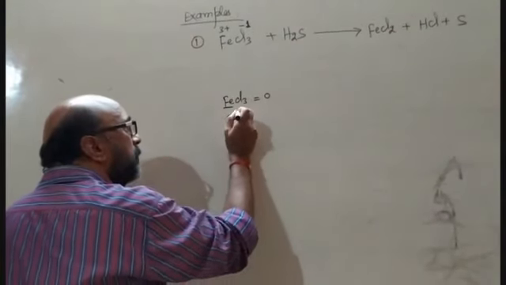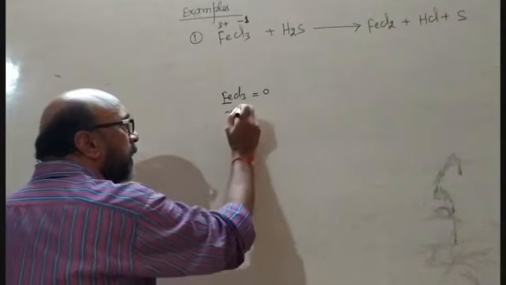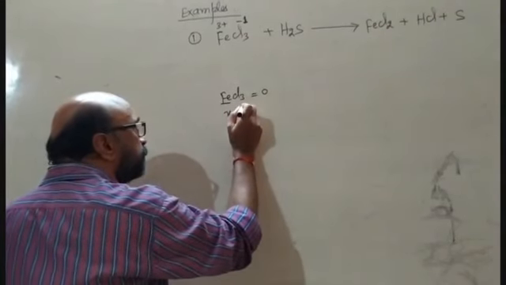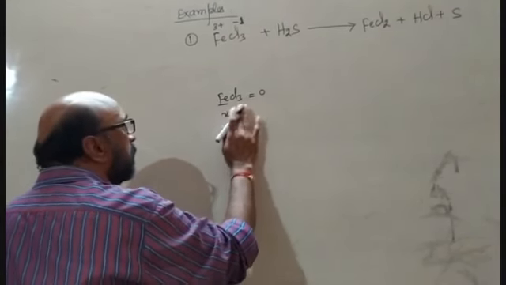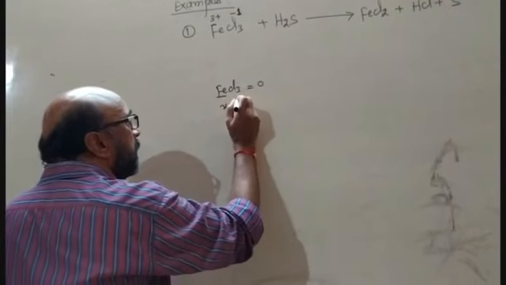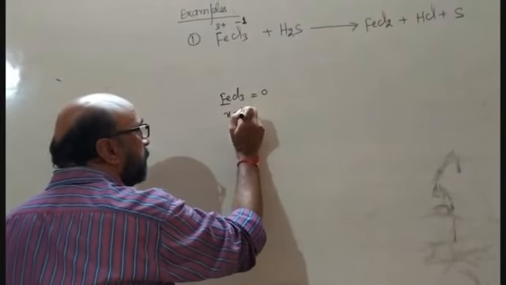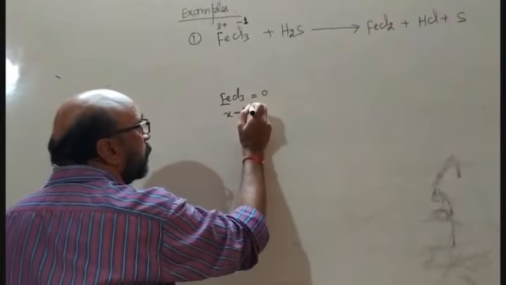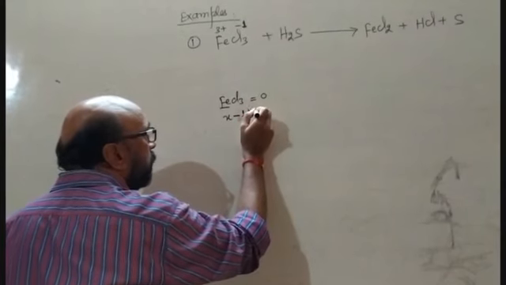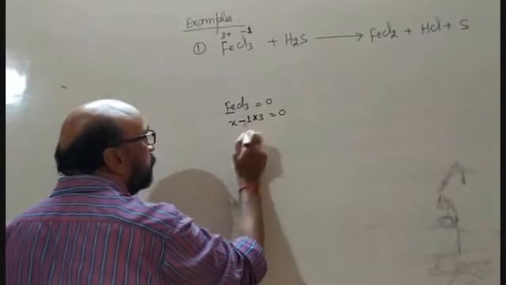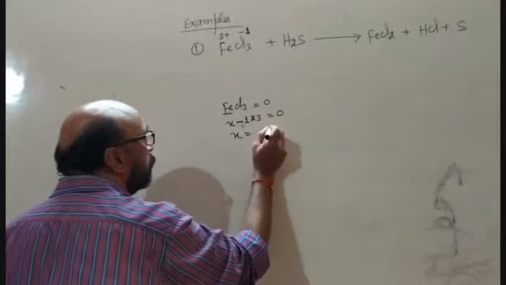We have to calculate the oxidation state of iron in this compound. Let the oxidation state of iron be X. Oxidation state of chlorine is -1 into 3. So X is equal to +3.